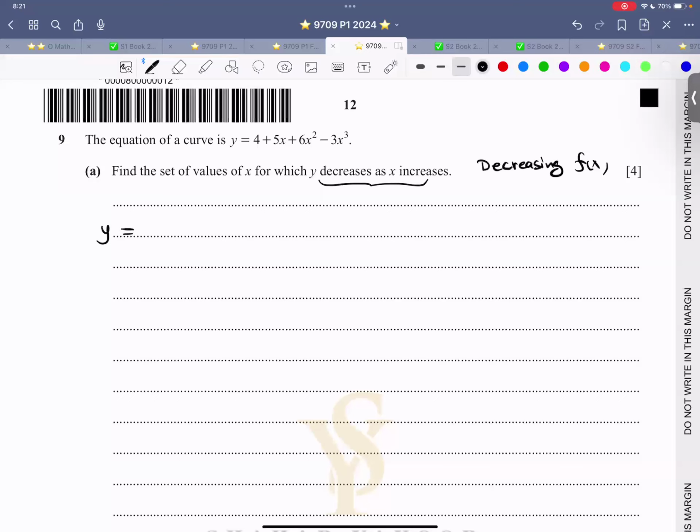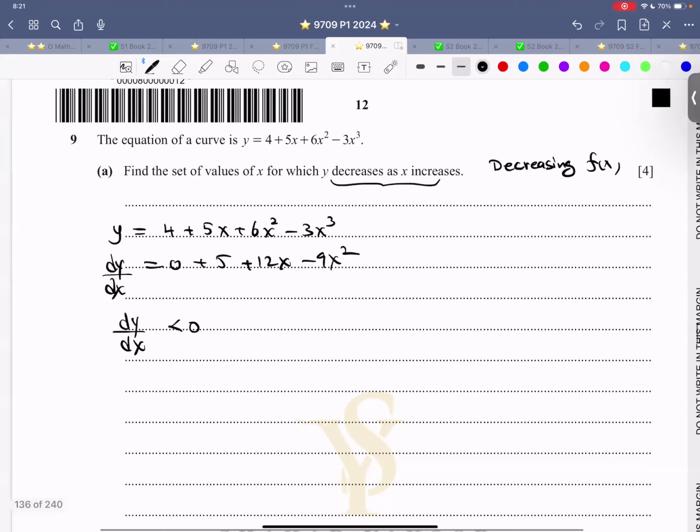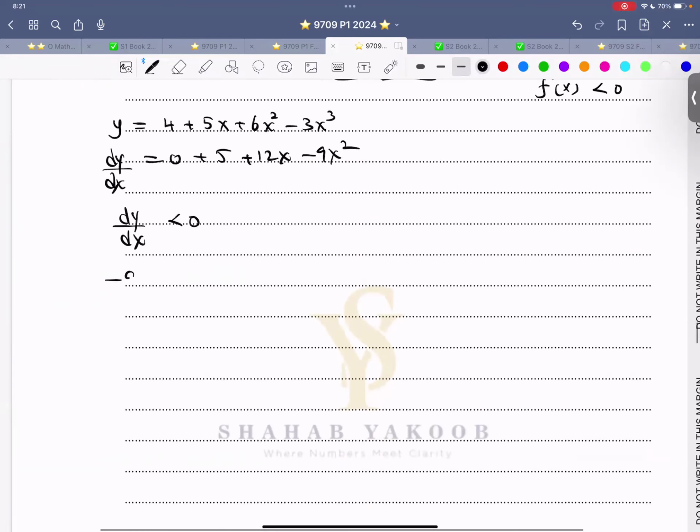Y is equal to 4 plus 5x plus 6x squared minus 3x cubed. Dy by dx is 0, plus 5, plus 12x, minus 9x squared. And dy by dx should be less than 0, a decreasing function. So negative 9x squared plus 12x plus 5 is less than 0.